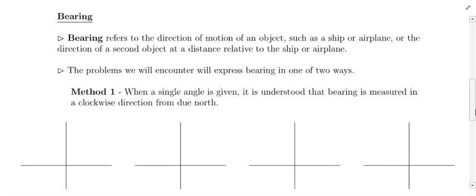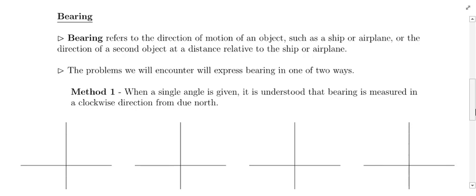It refers to the direction of motion of an object, such as a ship or an airplane, or the direction of a second object at a distance relative to the ship or airplane. Again, it is basically a navigation term. It has to do with how an object is located.